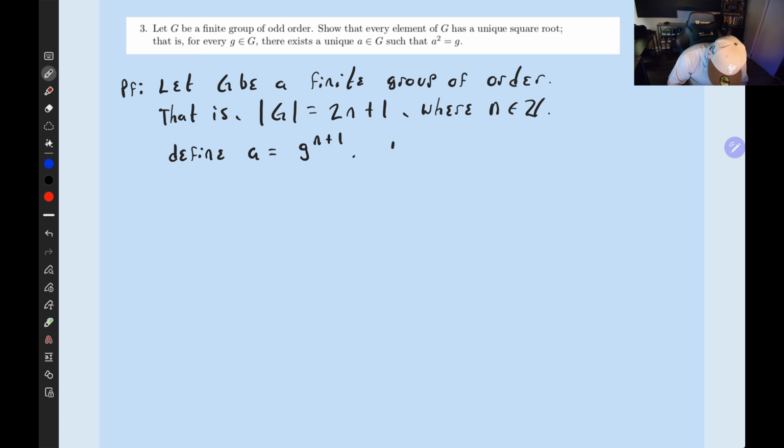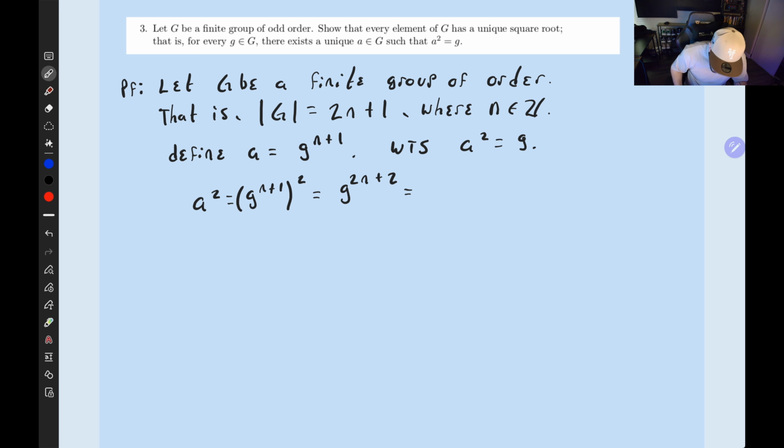What I want to show is that if I take A and square it, A squared is equal to G. So let's get started. A squared is G to the n plus 1, squared. Properties of exponents lead me to G to the 2n plus 2.